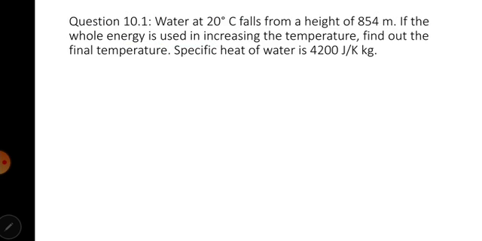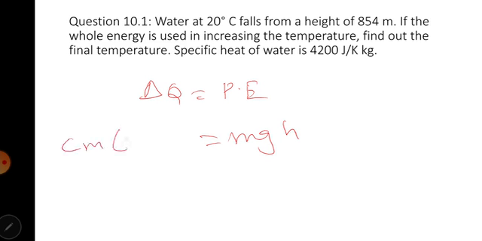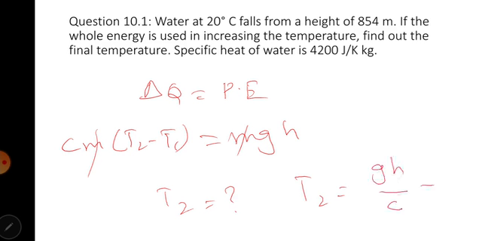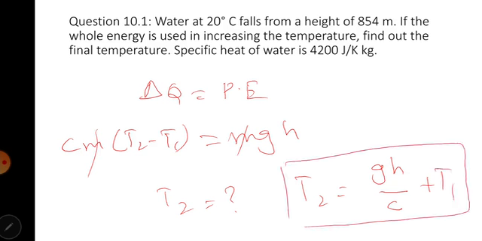You will write del Q is equal to potential energy, mgh, equal to Cm (T2 minus T1). M is cancelled, and after simplification you will get T2 is equal to gh divided by C plus T1. Use this equation, you will find out the value of T2.